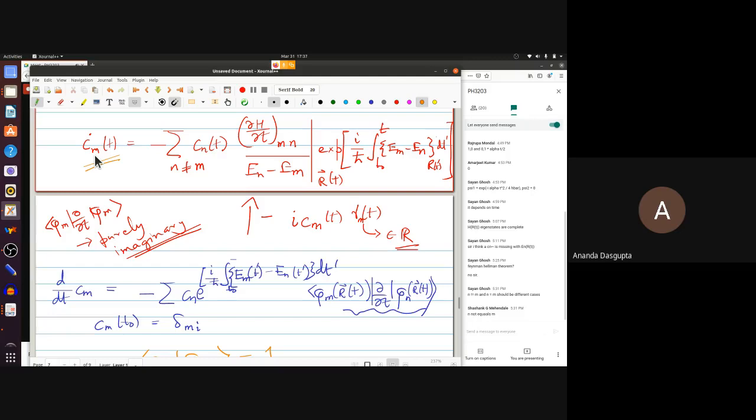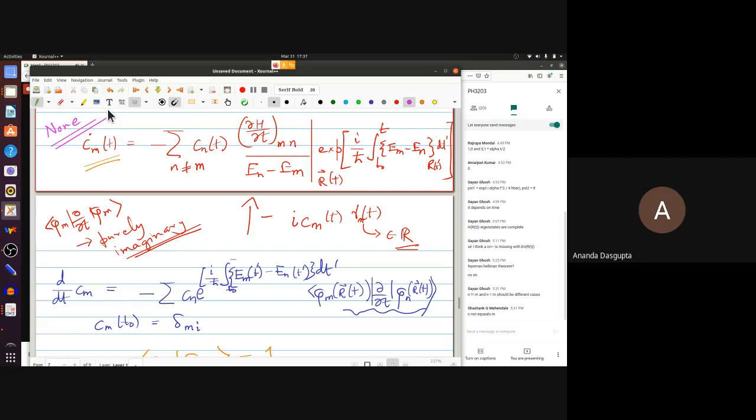If you have been paying attention, you would be able to tell me. Okay, let me tell you what approximations have been made here. The answer is none. This is exact. We made no approximations.